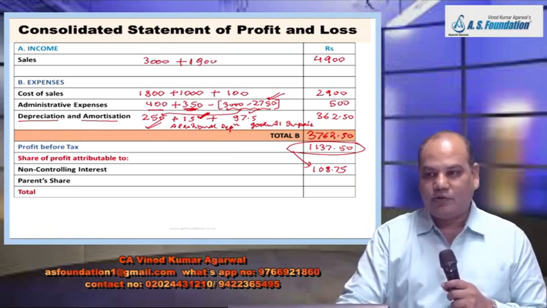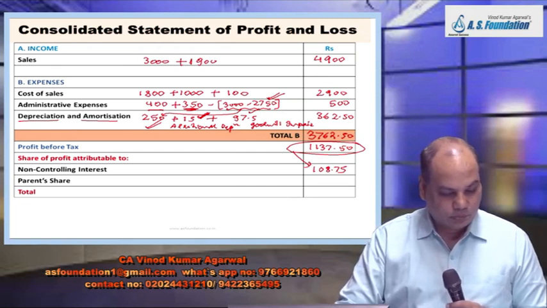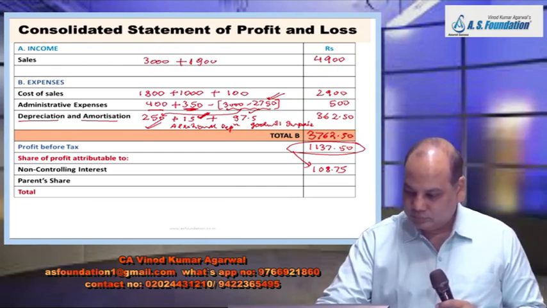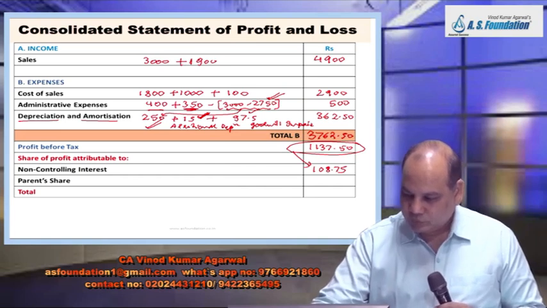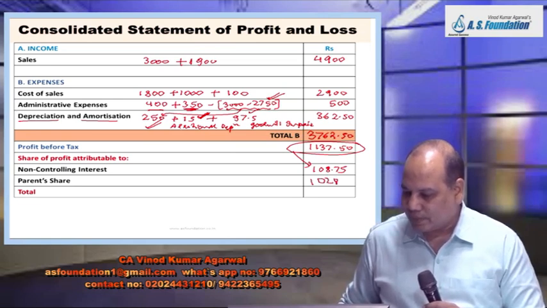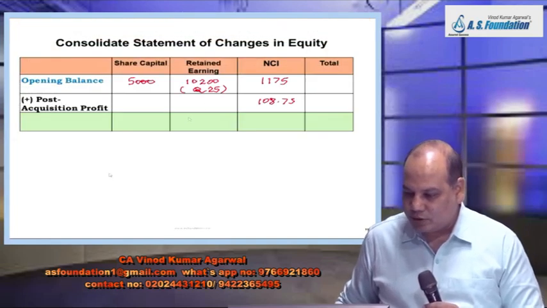Balancing figure is parent share. How much you are getting for parent? Right here 1028.75. 1028.75 right here also.